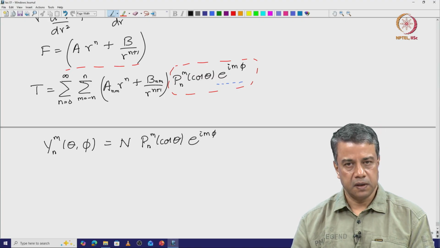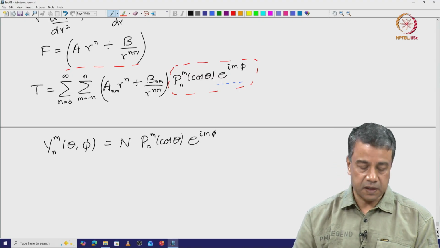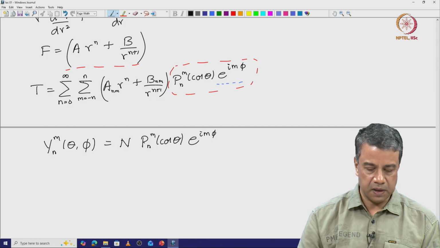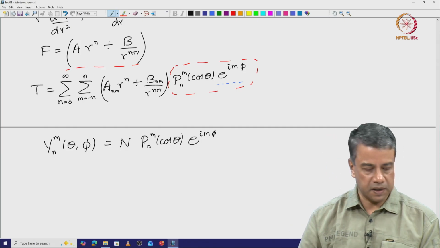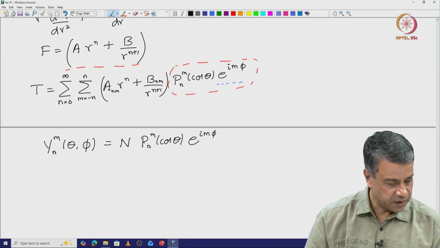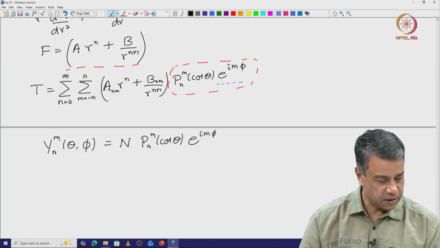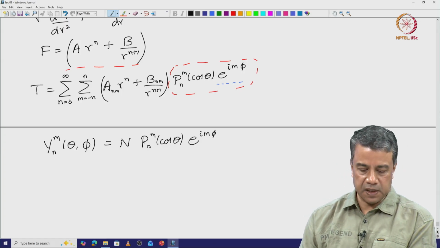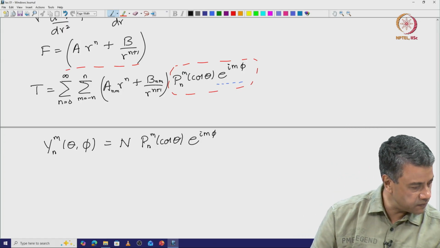This is the spherical harmonic expansion, where I separate out the radial component and the component that depends upon theta and phi.